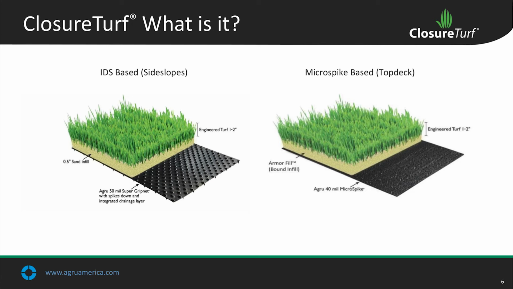Here are 2 basic flavors depending on topography. The IDS based is what we recommend for side slopes. It's AGRU's Super Gripnet geomembrane, which provides the integrated drainage layer beneath the turf with the sand infill, or on the top deck, it's MicroSpike based with the turf and something called ArmorFill. ArmorFill is basically the sand infill with an adhesive agent which prevents the sand from getting washed out.